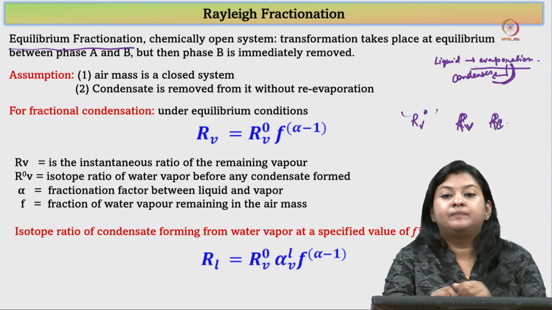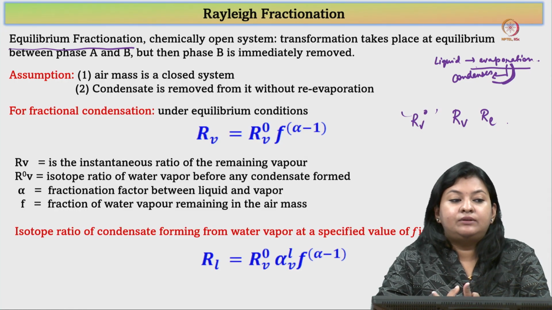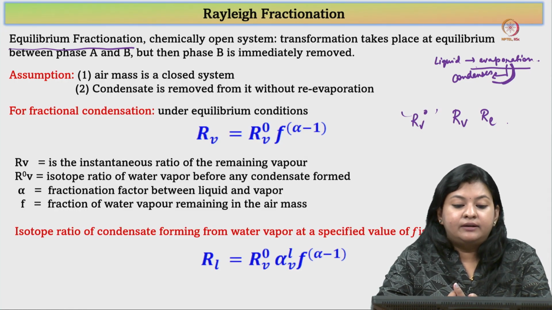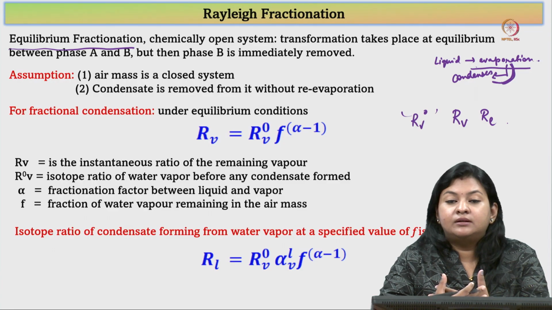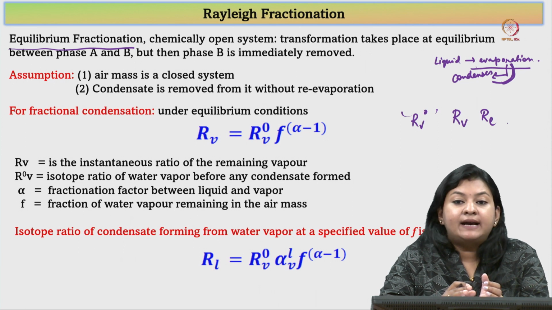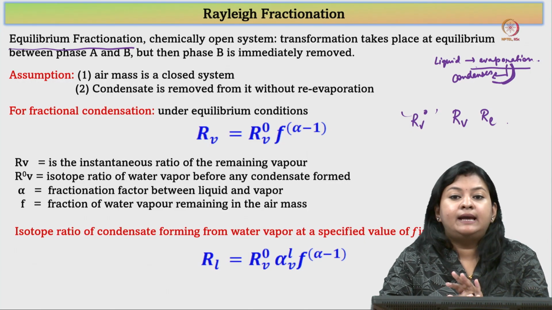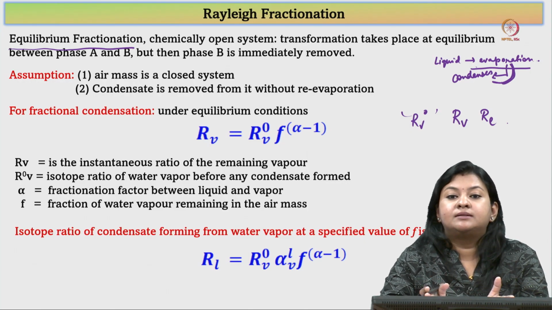So, what is the equation that we use to calculate the vapor composition, the liquid composition, the initial vapor composition? So, for fractional condensation, what do I mean by fractional condensation? The entire vapor mass is not going to condense at the same time.